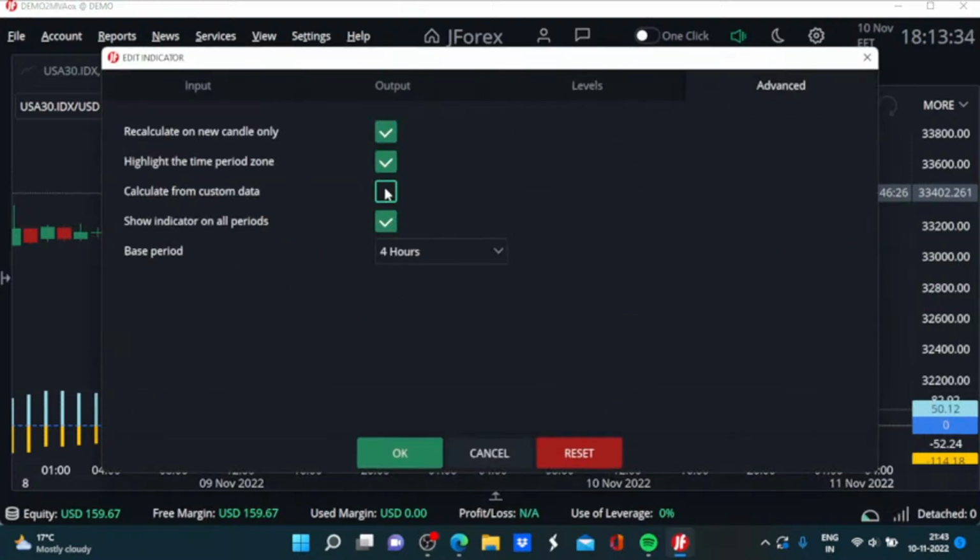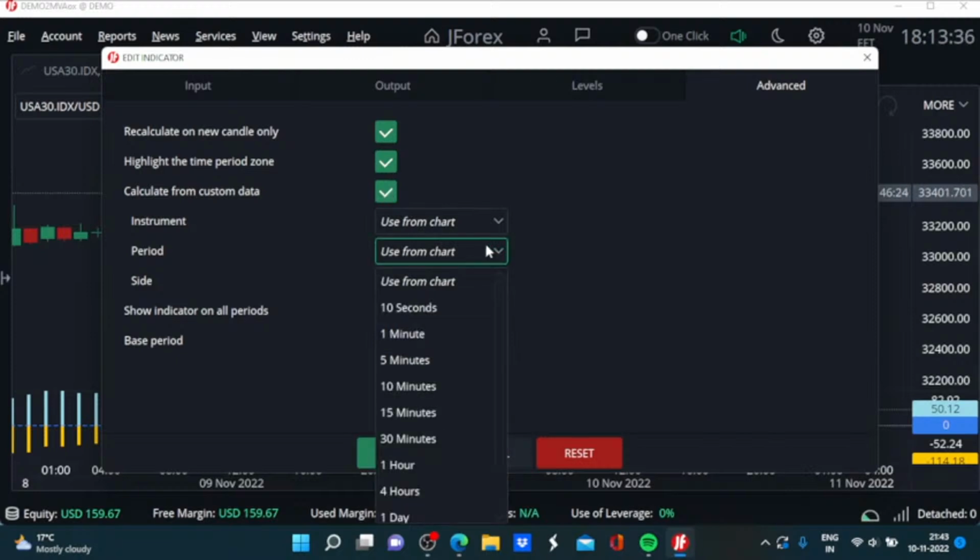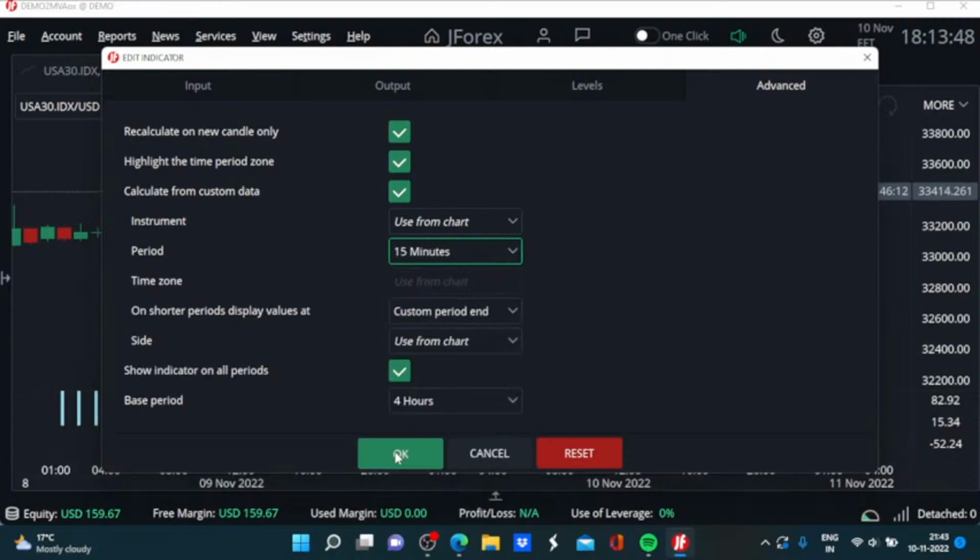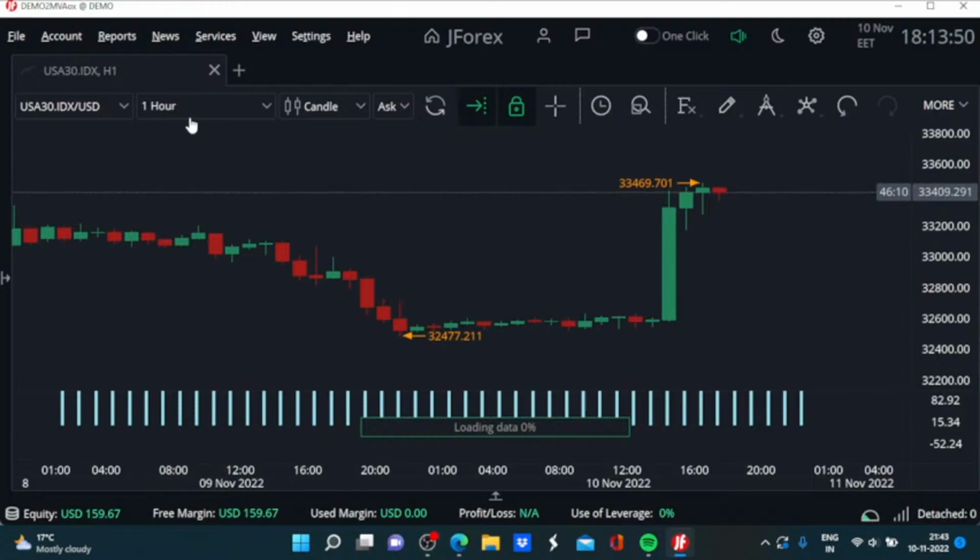Calculate from custom data. If you want to use the candle period from the chart, you can use that. You get these options there where you can utilize your formations candle period, and you can use it differently from the chart. Now the chart is of the hourly time frame, but I am using the 15-minute candle period as the calculation period for this indicator.